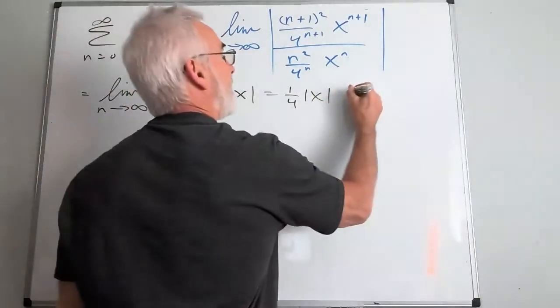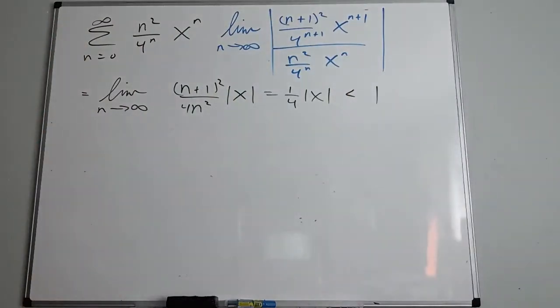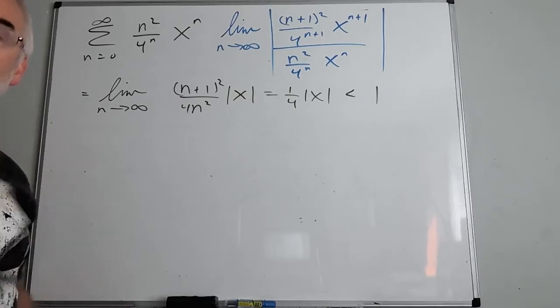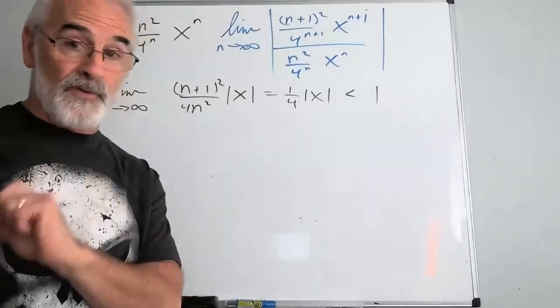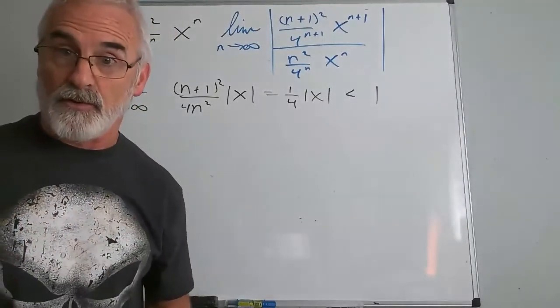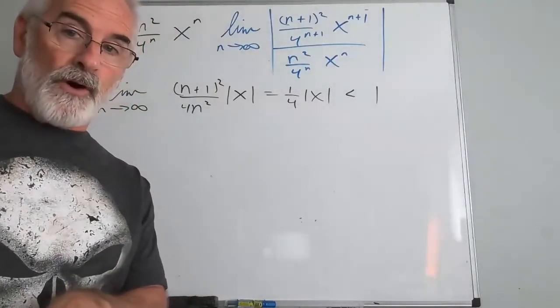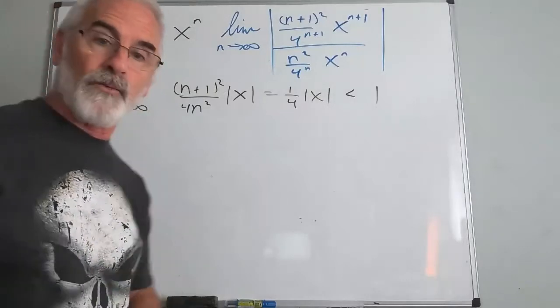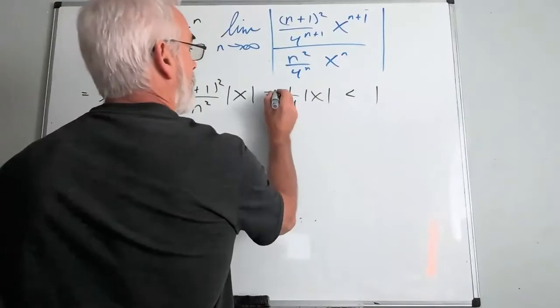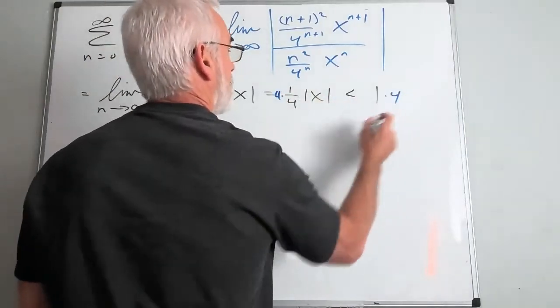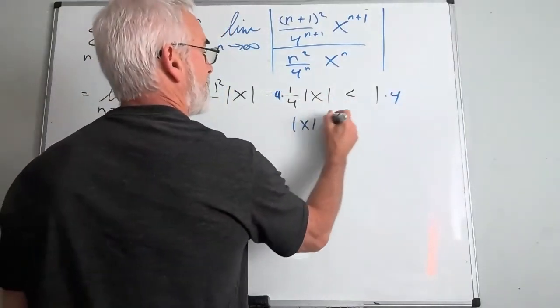Now, when is that less than 1? Well, rules of inequalities. When you multiply both sides of an inequality by the same positive quantity, we know it does not change the inequality. I can only change an inequality if I multiply by a negative. Well, we're not multiplying by a negative. We're going to multiply both sides by 4. And now I've got the absolute value of x is less than 4.